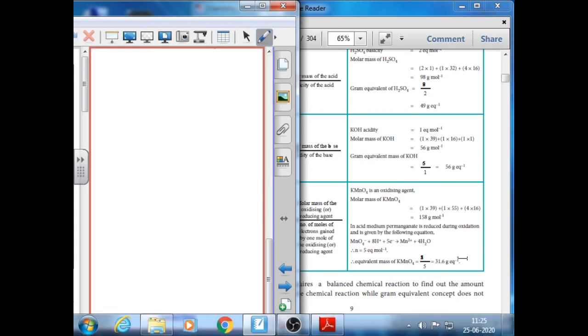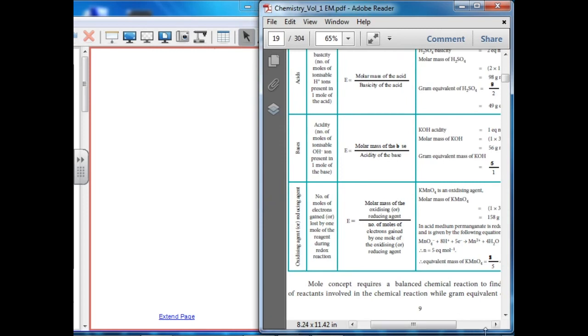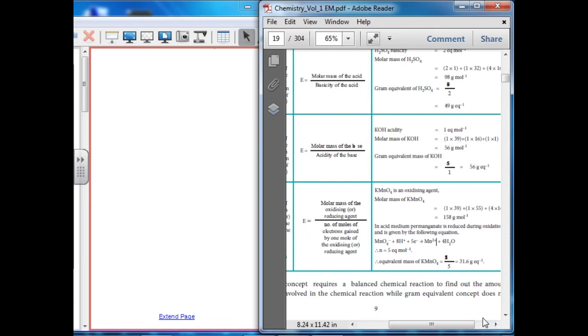So, an example: calculate the gram equivalent mass of potassium permanganate. Potassium permanganate is the oxidizing agent.